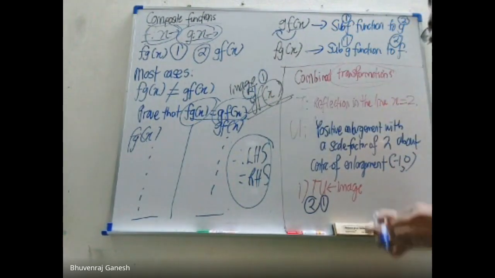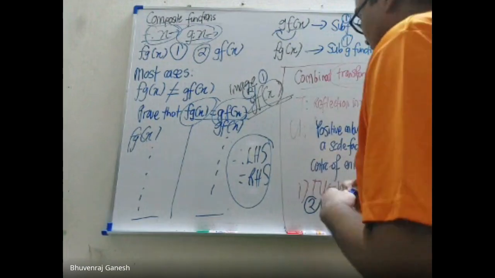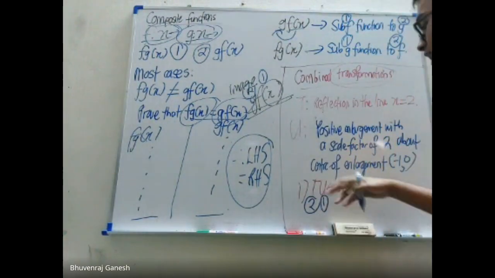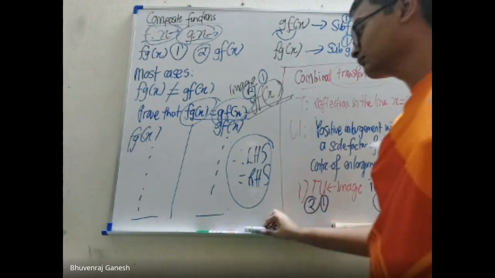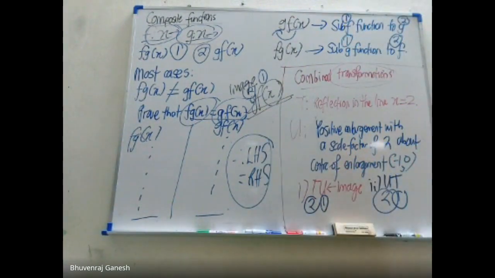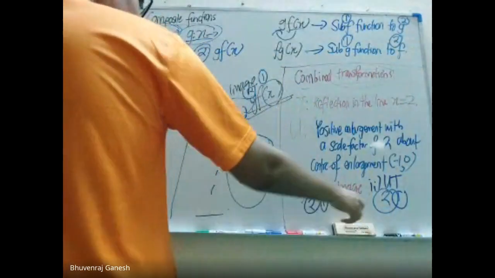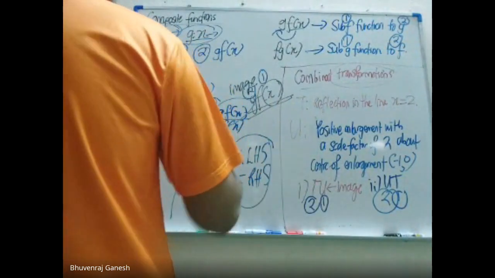This is an easy way to remember how to do composite function exercises. If they reverse it, same also. If I ask for UT, you do T first and then proceed to U, and you will get the coordinates of the image. This is exactly the same thing. So I think this is a bit clearer, and it's a good example to keep in mind. So let's proceed.